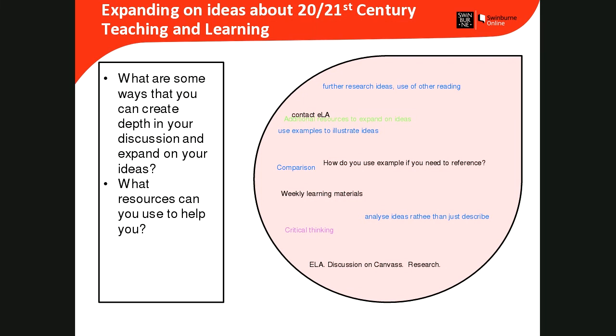Okay, so we've got a question here. How do you use an example if you need to reference? So an example is just something that's becoming more specific. So if you were writing about technology being beneficial to learning, you wouldn't just stop there.